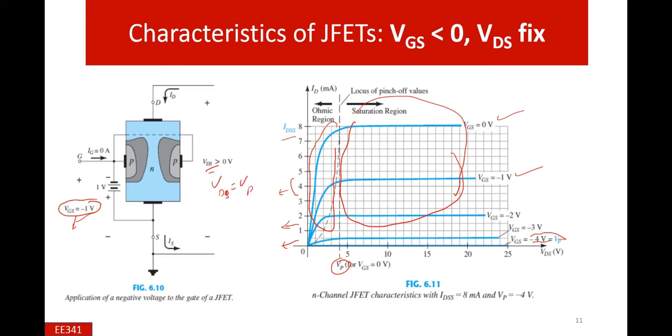Then there is no current, and this is the line on the horizontal axis showing the current 0. This is the VDS axis, the applying potential, and this is the current on the vertical axis in milliamperes.